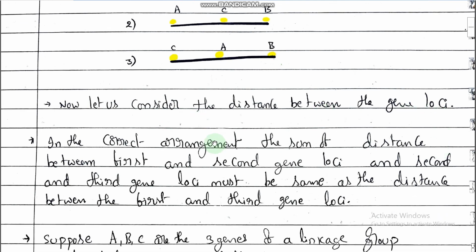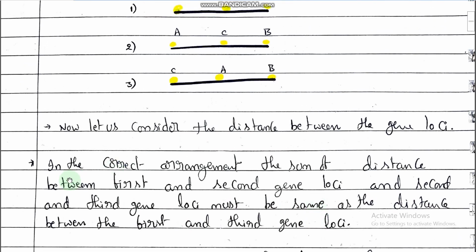What is a locus? Where the genes are located on the chromosome is called a locus. The location of the genes is called locus, right? In the correct arrangement, the sum of the distance between the first and second gene loci and the second and third gene loci must be the same as the distance between the first and third gene loci.